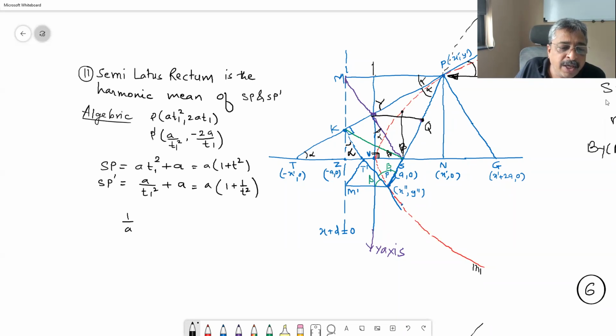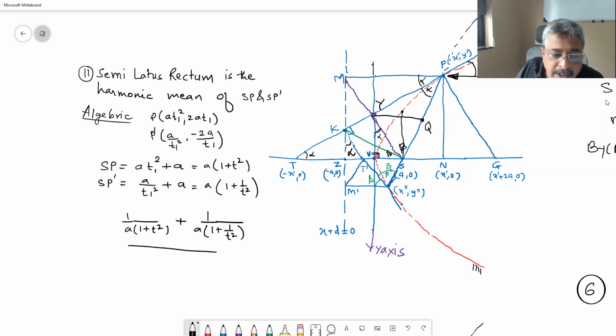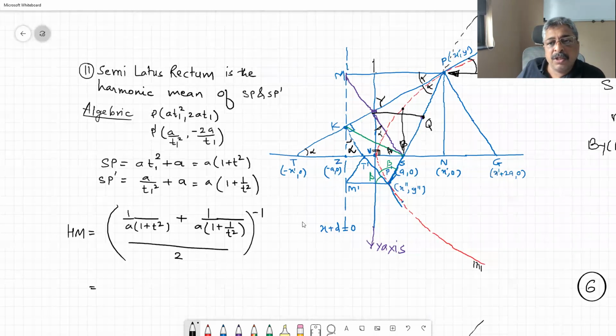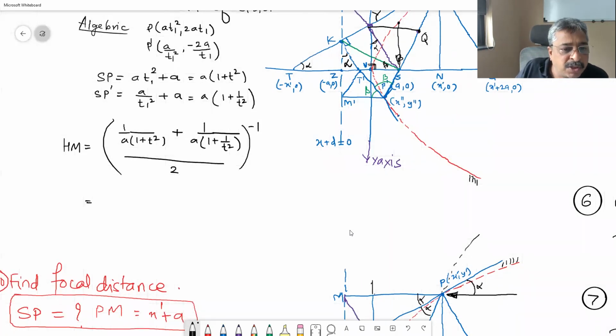So now we are supposed to take reciprocals. So 1 upon a into 1 plus t square plus 1 upon a into 1 plus 1 upon t square. That is, take reciprocal, take average, and take reciprocal. That is your harmonic mean. Now let us simplify a little bit. It is a pure algebraic game. I have a little less space here, so let me simplify this orally.